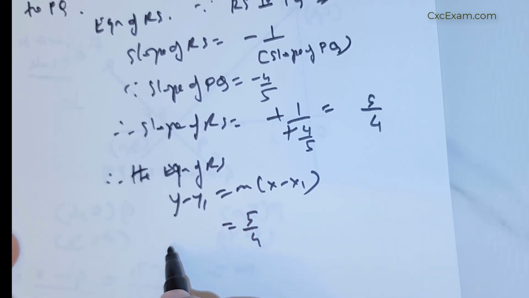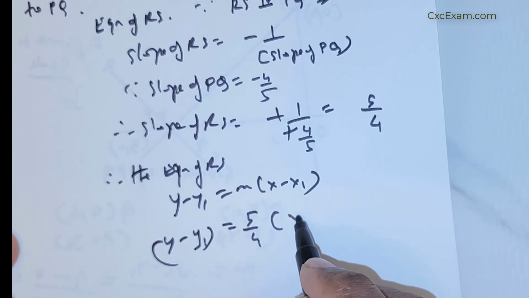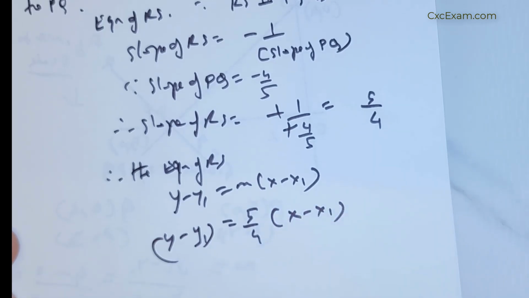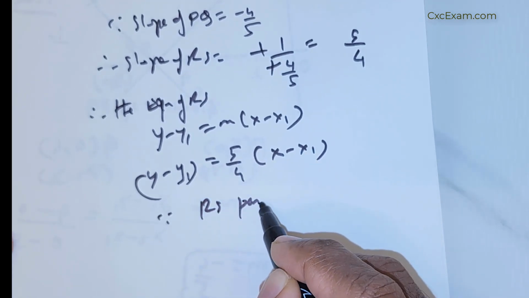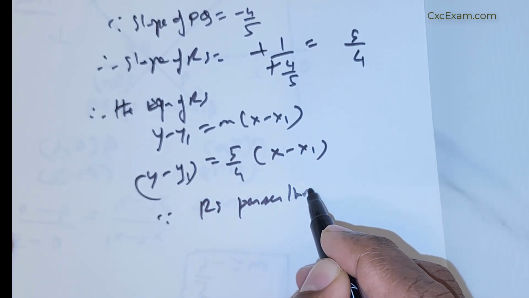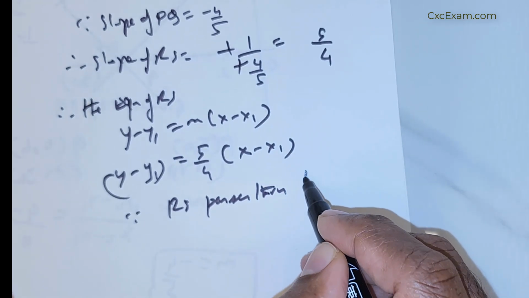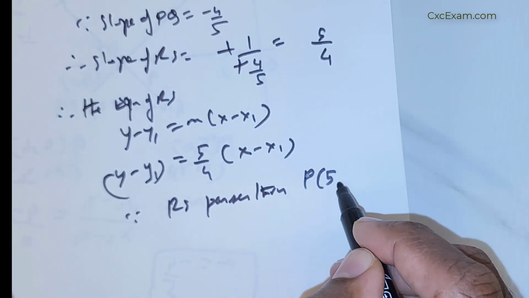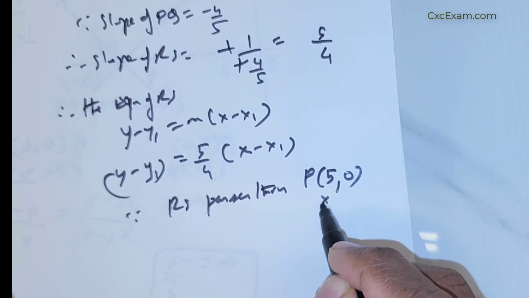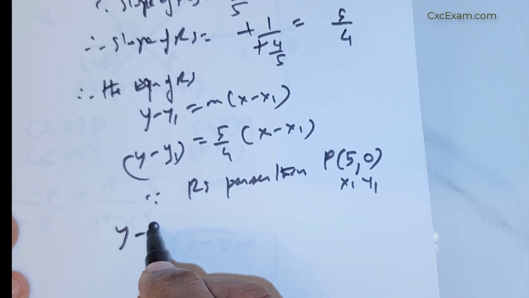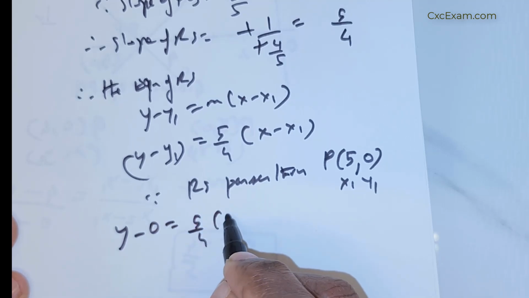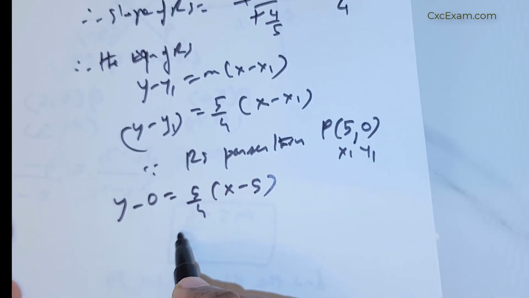So y minus y1 is 5 over 4 times x minus x1. Now since RS passes through, this is a very important point, P of 5 comma 0, this is going to be my x1, y1, which means y minus 0 is equal to 5 over 4 times x minus 5.